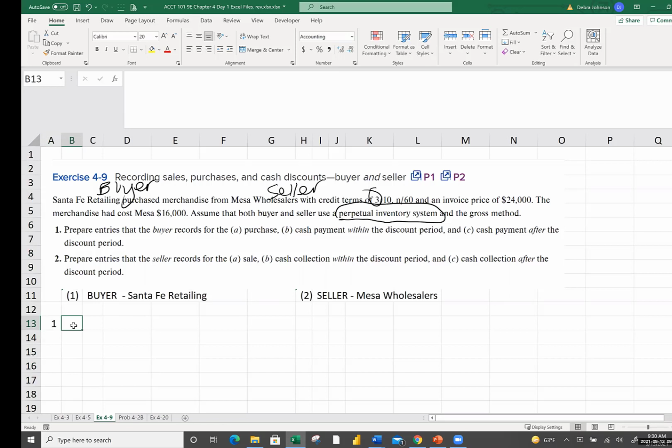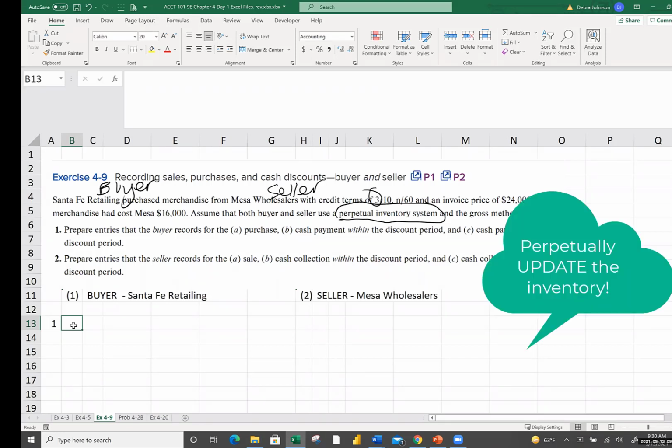So now we are the buyer. What's the buyer going to do? Well, if we weren't careful and we were used to last semester, we may say purchases. But wait a second, that's a periodic system. We don't have any of those purchasing accounts anymore. We're perpetually updating the inventory accounts. That means every in is going to pull the merchandise up and every out is going to pull the merchandise down.